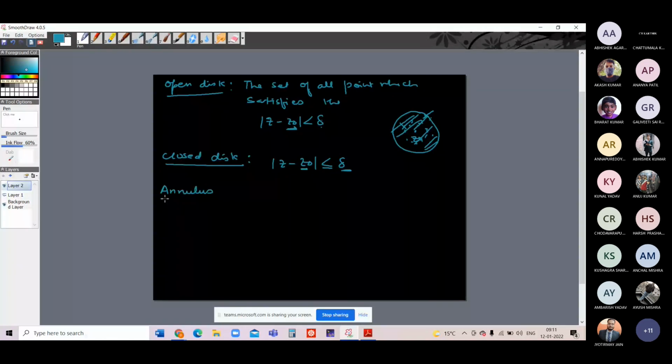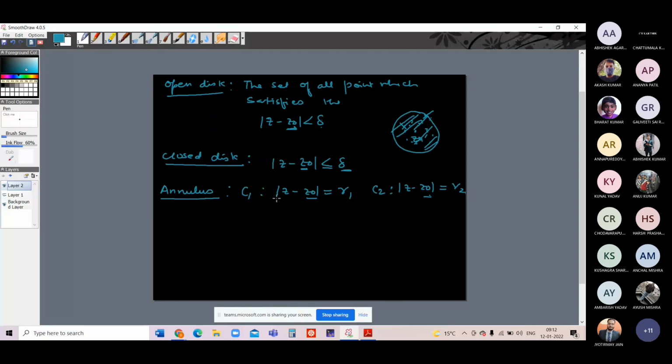annulus. An annulus is a set of points which lie between concentric circles. Suppose here we are taking two circles. C1 has the equation |z - z0| = r1, and another circle C2 is defined as |z - z0| = r2. Concentric circles, so the center will be the same.